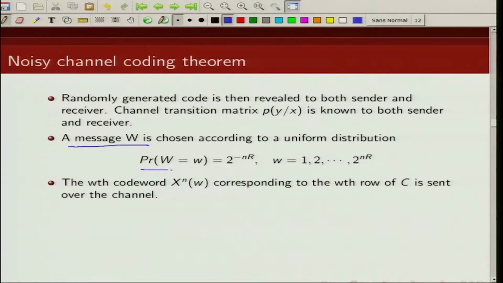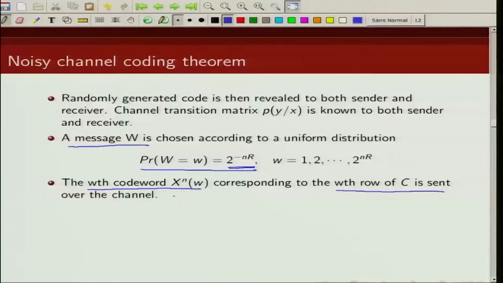So the probability that we choose a particular index is given by 1 by 2^(nR). So that is this probability. And the Wth code word corresponds to the Wth row of this code matrix that we talked about.